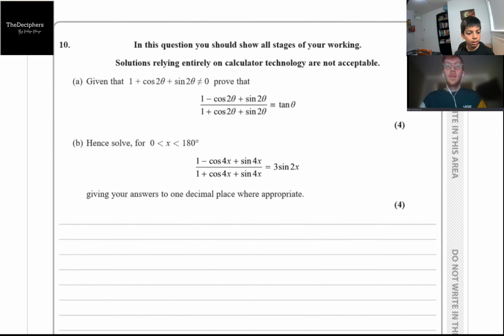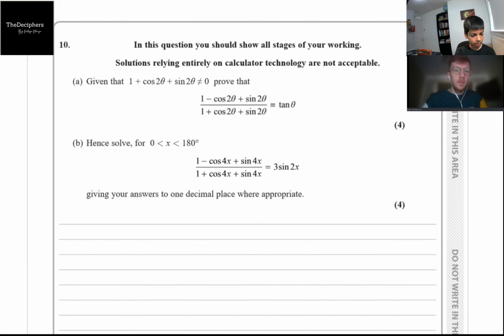So, question 10. Given that 1 plus cos 2 theta plus sine 2 theta is not 0, prove that 1 minus cos 2 theta plus sine 2 theta divided by 1 plus cos 2 theta plus sine 2 theta is tan theta.